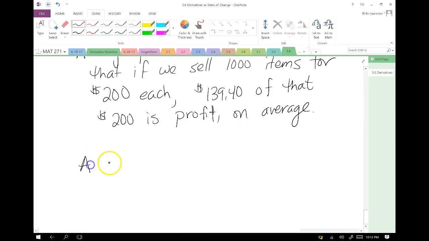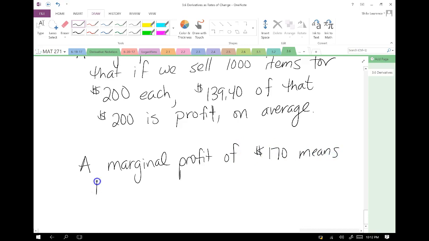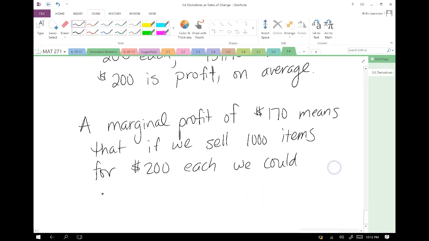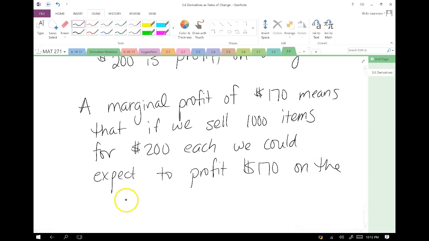So a marginal profit of 170 means that if we sell 1,000 items for 200 each, we could expect to profit $170 on the next item sold.